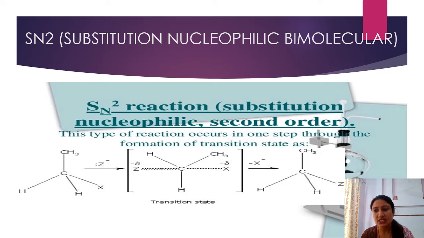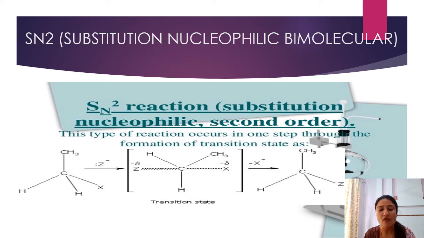In these reactions, the incoming nucleophile interacts with the alkyl halide, causing the carbon-halide bond to break, while a new carbon-nucleophile bond forms. These two processes take place simultaneously, as you see in the transition state.